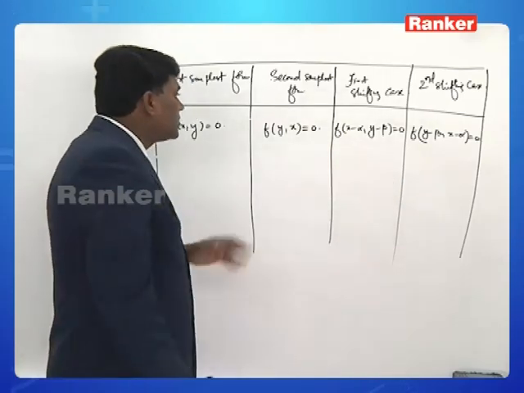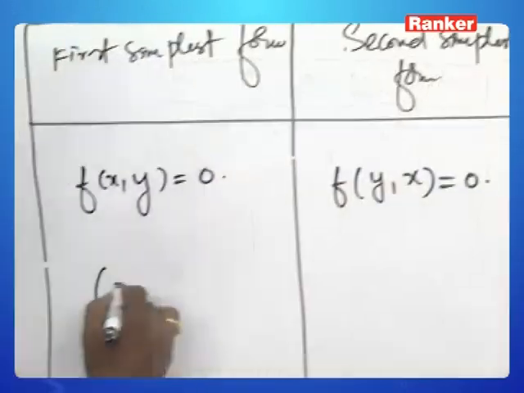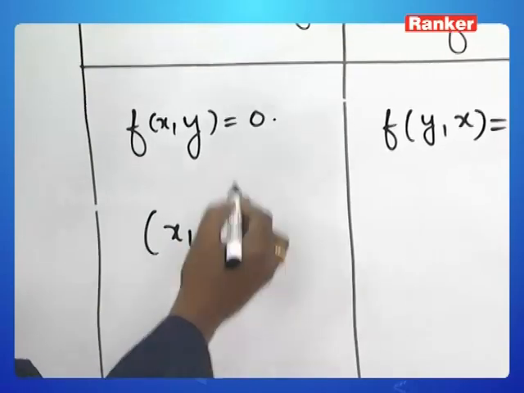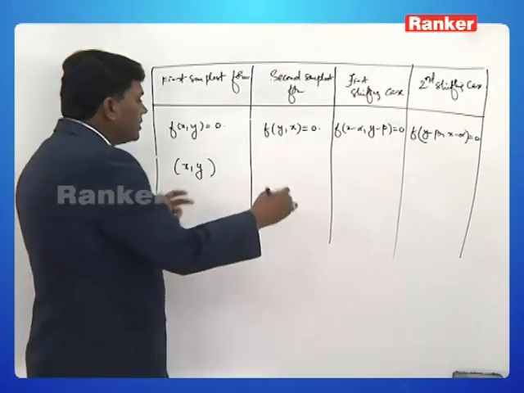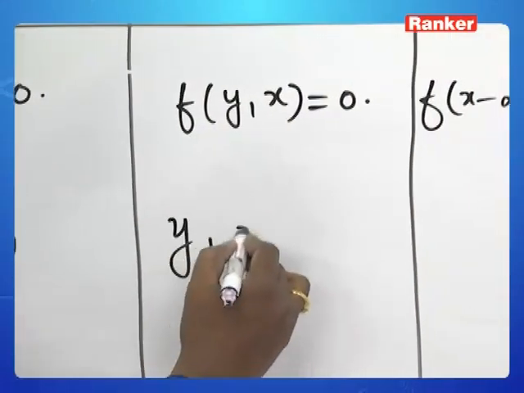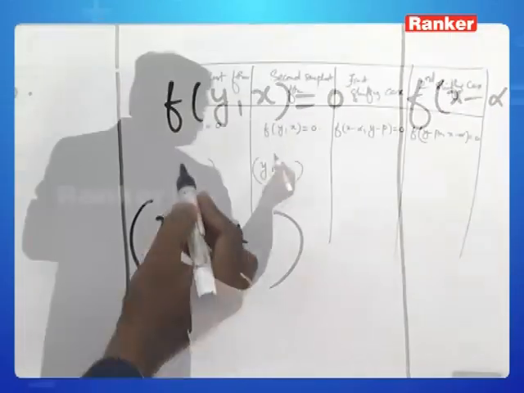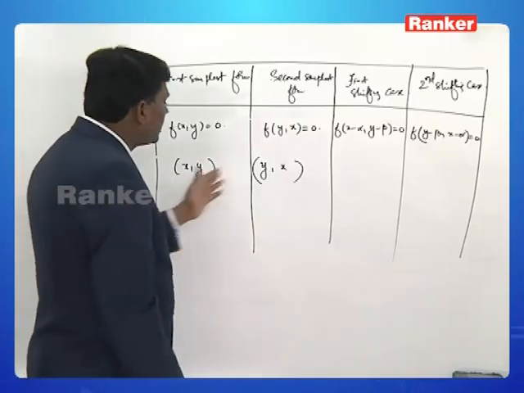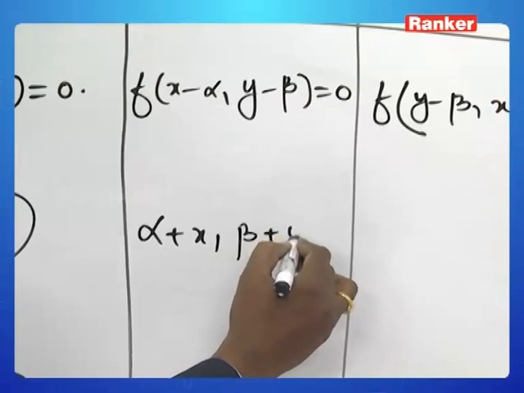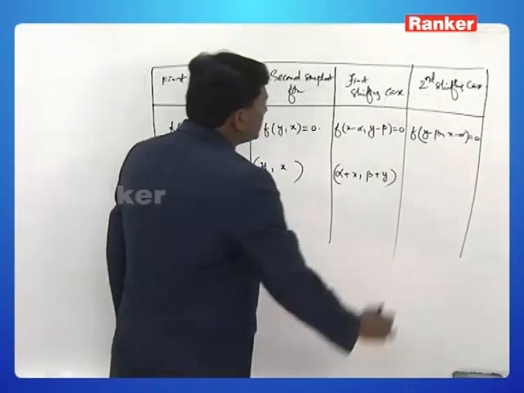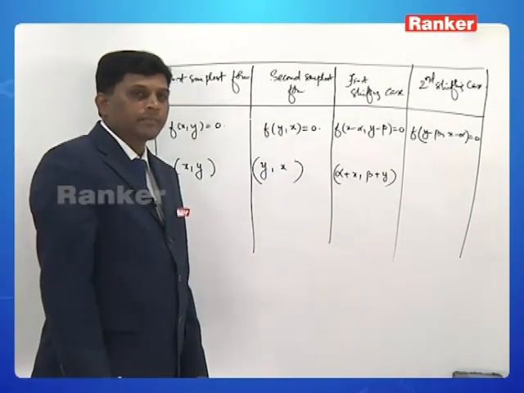Whereas coming to the points, if a point x, y is taken in the first simplest form, it becomes y, x in the second simplest form, and it will become alpha plus x, beta plus y in the first shifting case.